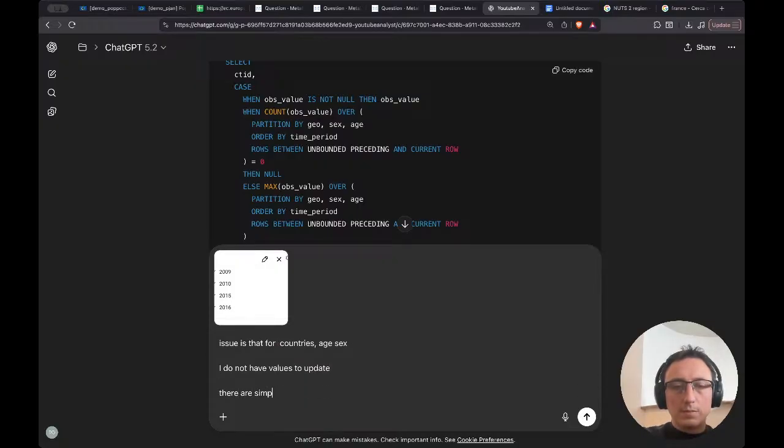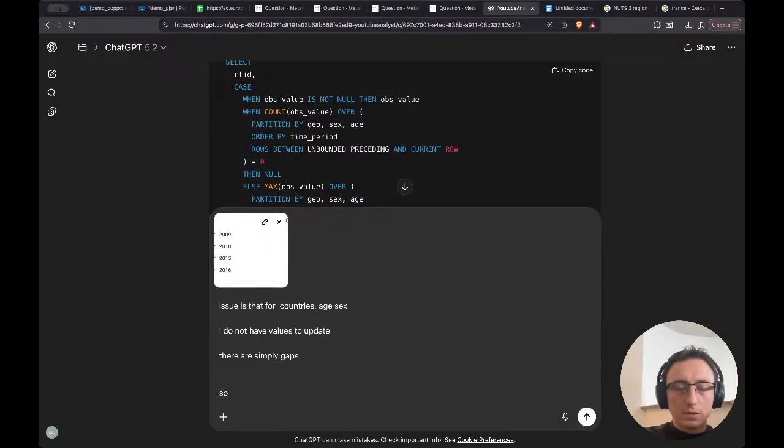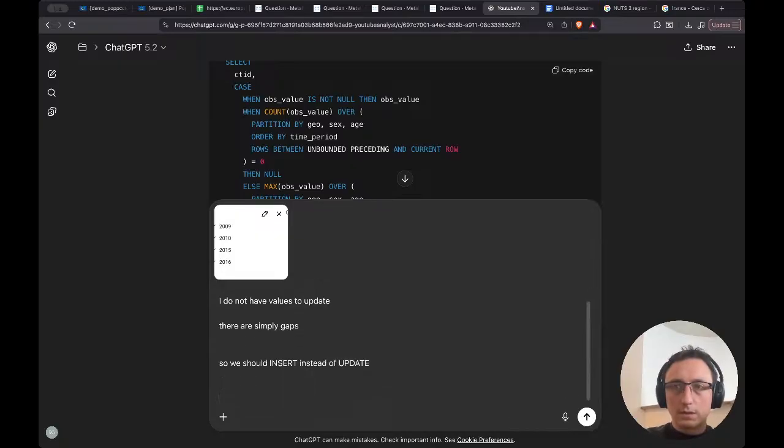There are simply gaps, so we should insert instead of update.